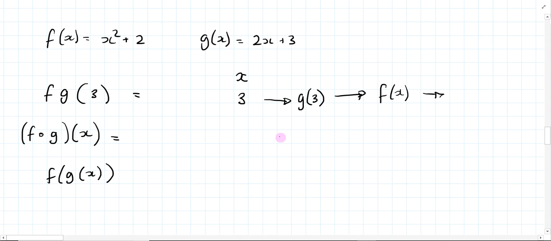So we go 3 in, what comes out? 2 times 3 is 6, plus 3 is 9. Then we put 9 into f, so f of 9 equals 83. So fg of 3 is 83.